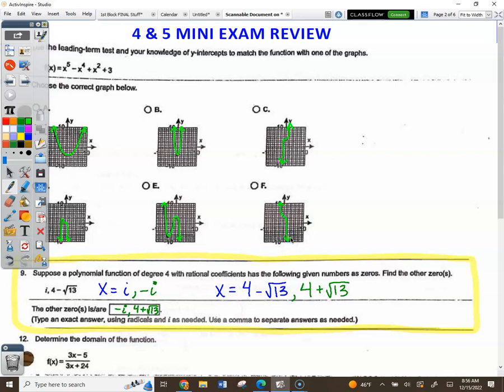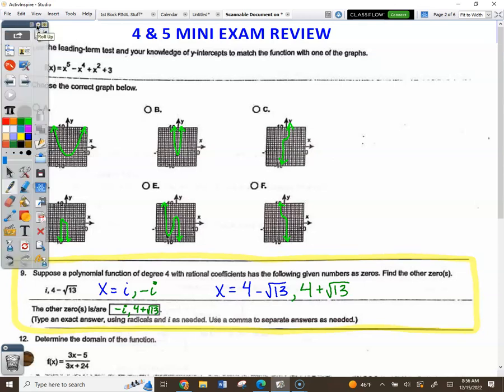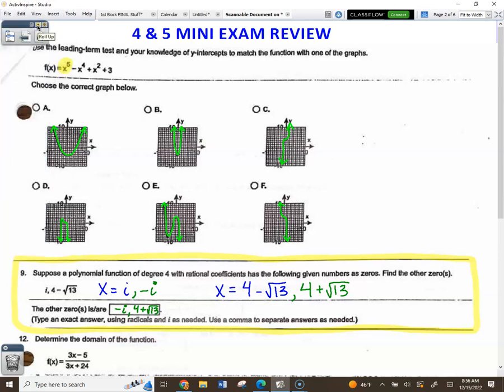So, now that you can actually see, it's saying, using the leading term test, which once again means focus on that leading term. And in this case, they've nicely put it in standard form. Deduce which graph would be that polynomial. So it all comes from the degree, which is the exponent, and then the sign in front of the leading term.